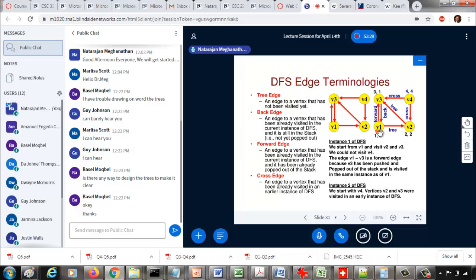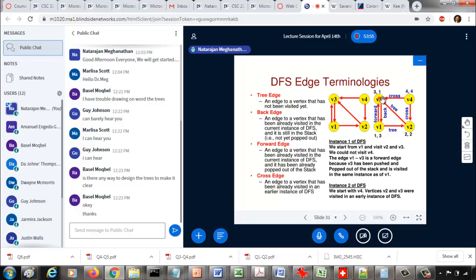So both V1 and V3 are visited in the current instance of depth first search. Now V3 is a vertex that has been pushed as well as popped. So we call the edge V1 to V3 a forward edge. Again, it's not a back edge because V3 is no longer in the stack. It has already been popped out of the stack.